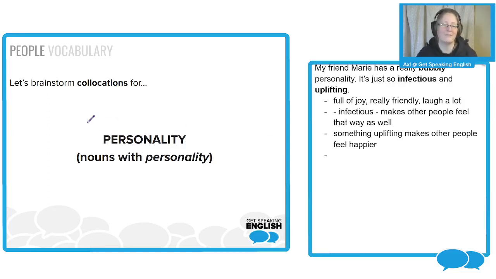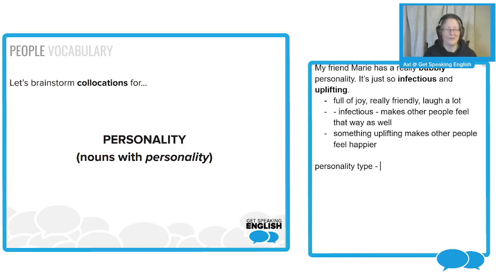And let's think of maybe a couple of nouns also that might go with personality. So we just talked about some ways that we could describe different people's personalities. Now let's think of some collocations. So some that go with the noun personality, basically. So, for example, we could say personality type, right?